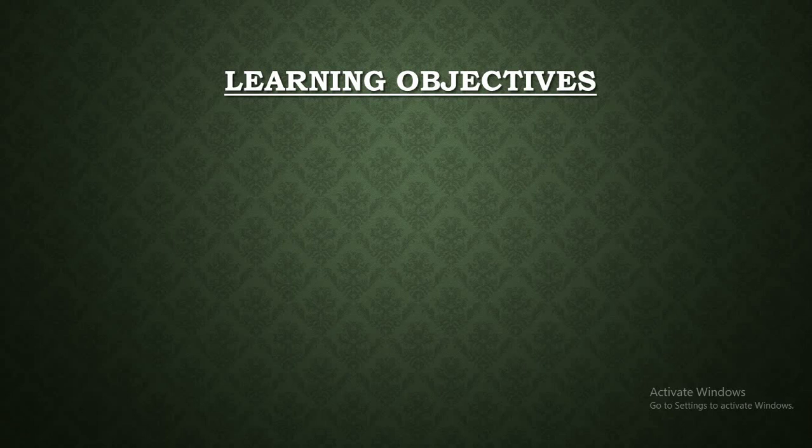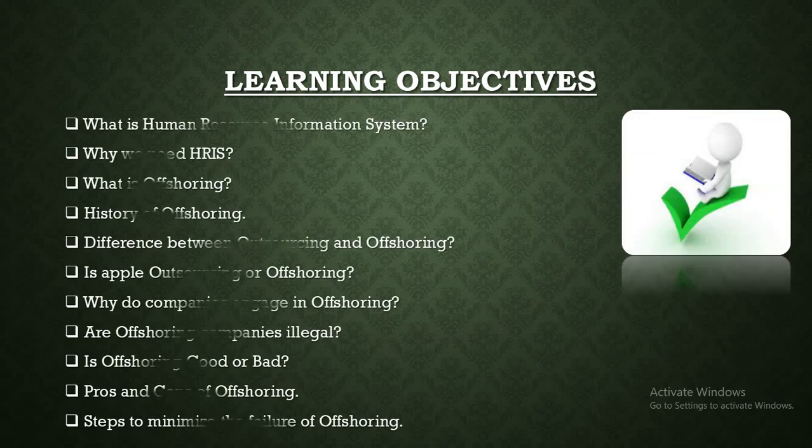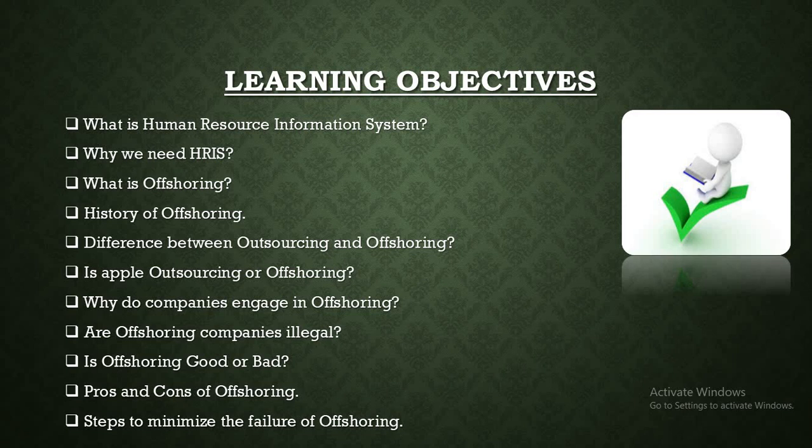These are some learning objectives about today's presentation. What is Human Resource Information System? Why we need Human Resource Information System? What is offshoring? History of offshoring? Difference between outsourcing and offshoring.